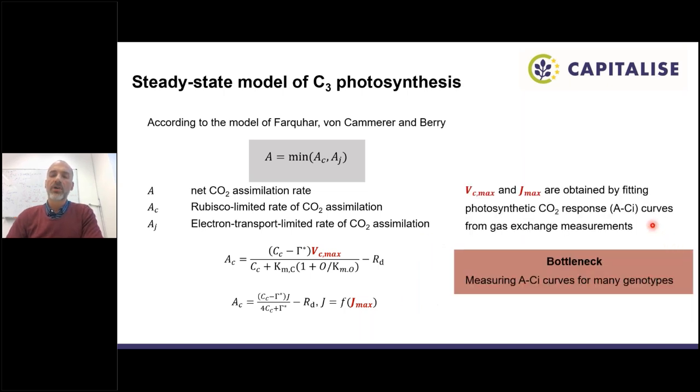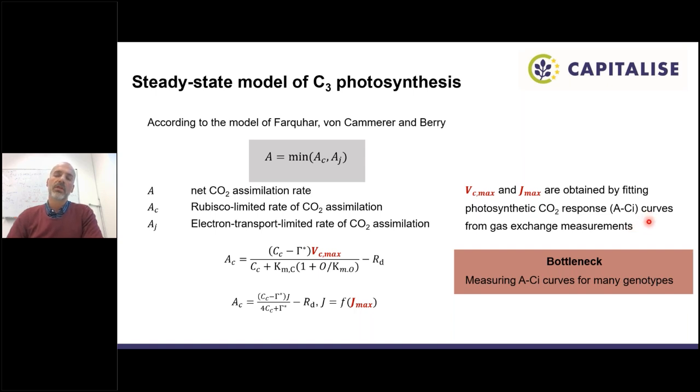And the values of these parameters are obtained by fitting so-called photosynthetic carbon dioxide response curves, which are also denoted as A-Ci curves, that are obtained from gas exchange measurements. So you can imagine that these measurements are quite costly and quite time consuming.